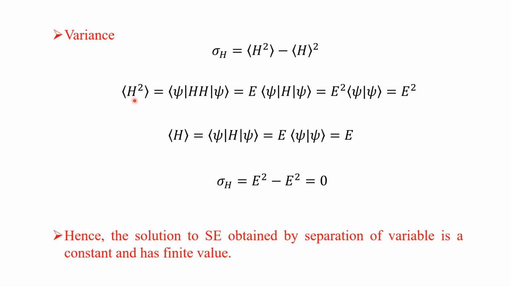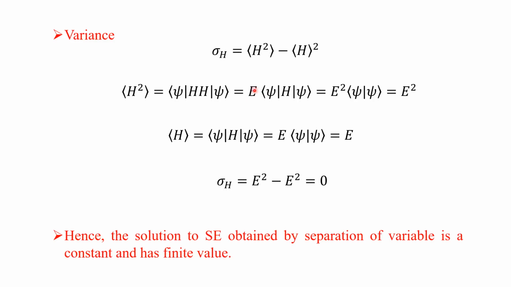Now, the expectation value of H squared can be written in Dirac notation as <psi|H H|psi>, where I have written H squared as H into H. When H acts on psi, it gives the energy eigenvalue E, which is a number, so I have taken it out.